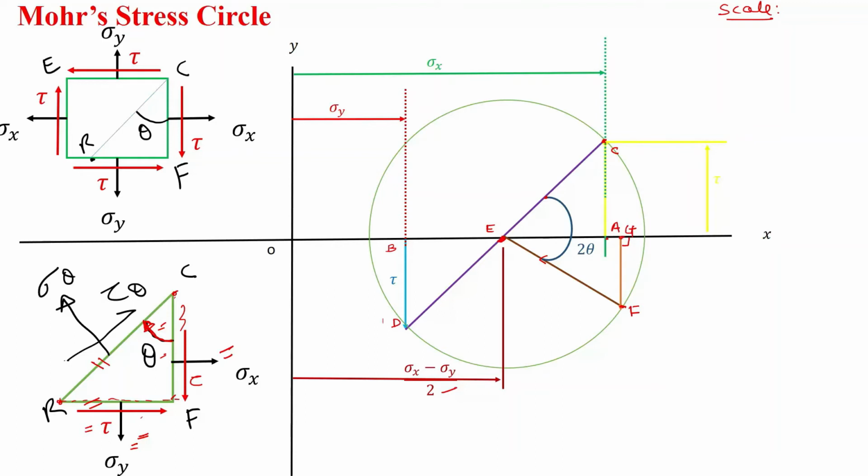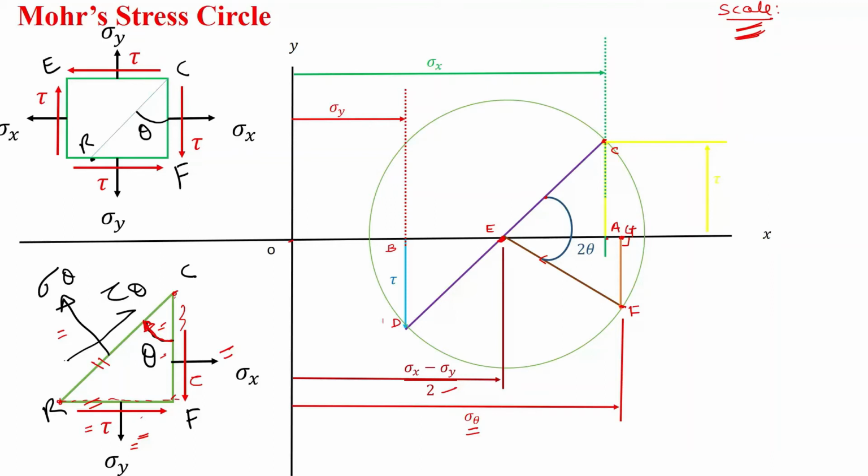Where it intersects the x-axis, from O point to G, OG tells us about the sigma theta value. So this OG is sigma theta. We measure the distance OG by scale and multiply with the scale which we have assumed to draw this Mohr circle, and we get the value of sigma theta on this inclined plane.